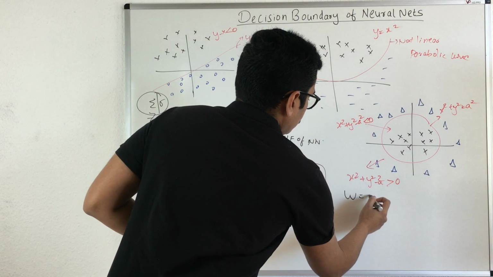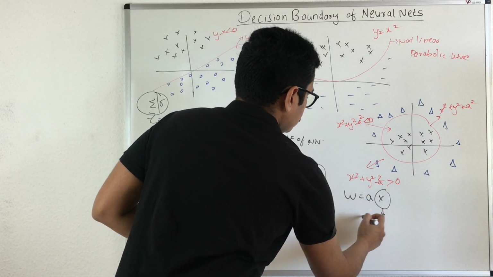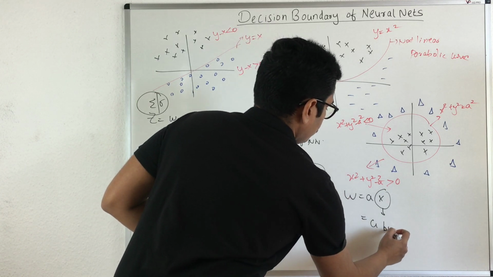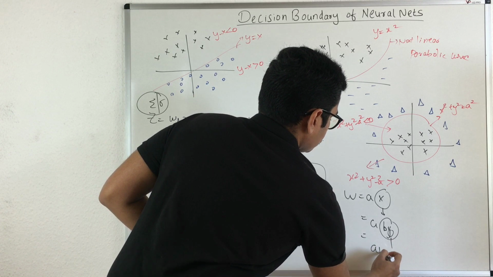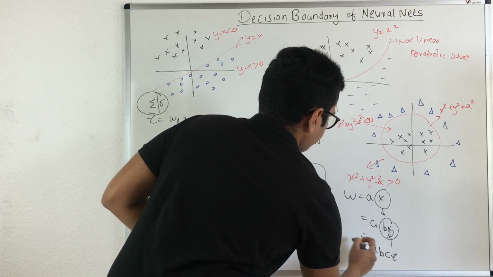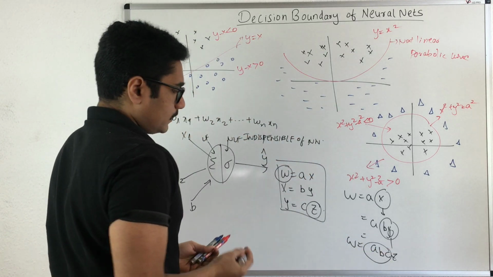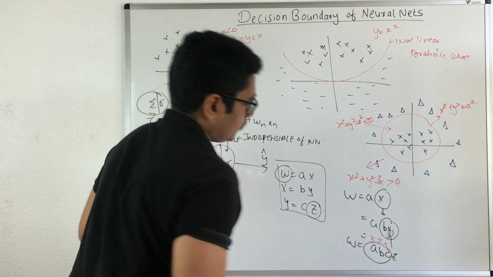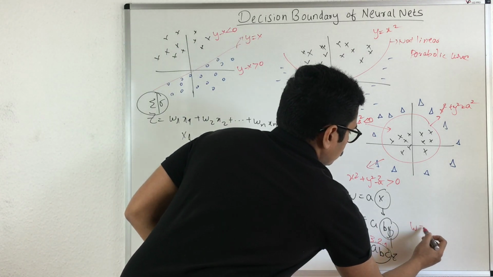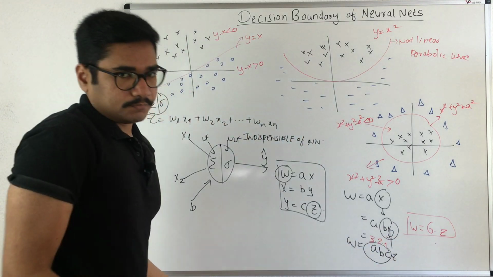First you take the first equation, in place of x you replace it by b times y, and in place of y you represent it with z. Assume all these a, b, c are constants. Say just consider this as 3 into 2 into 1, that becomes 6. So w is nothing but 6 times z. So this is a linear function.